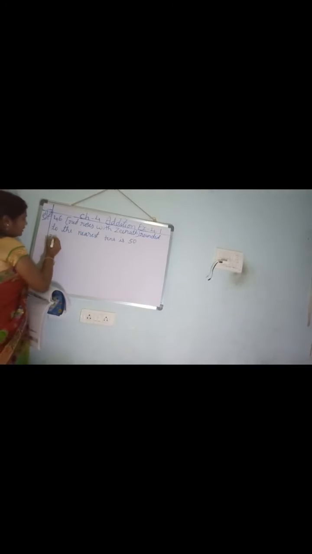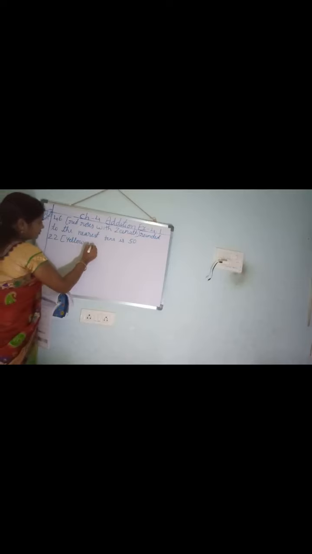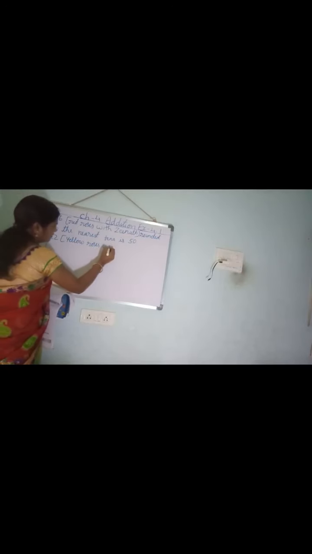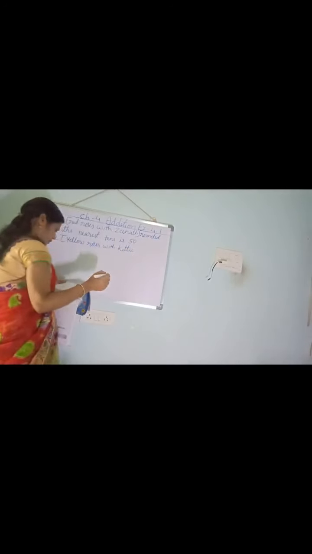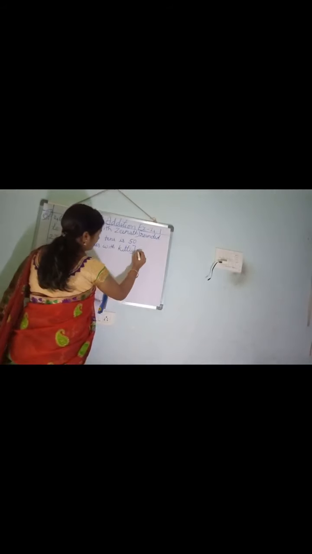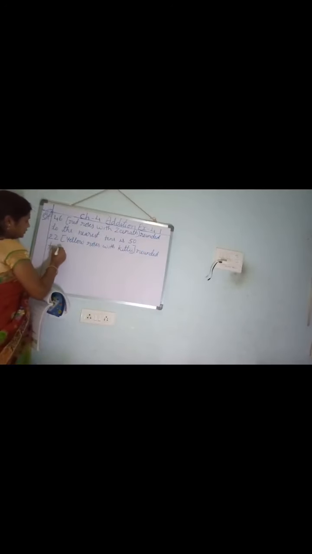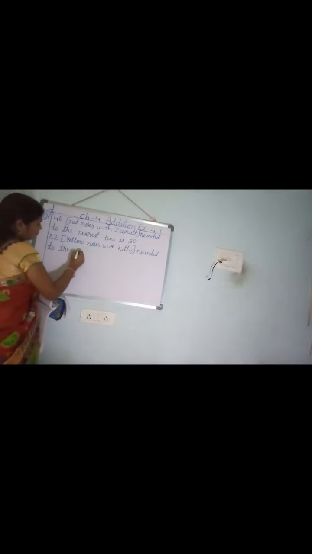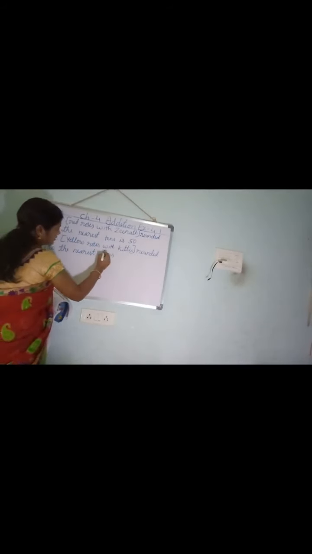Next, 22 yellow roses with Kittu, rounded to the nearest tens.